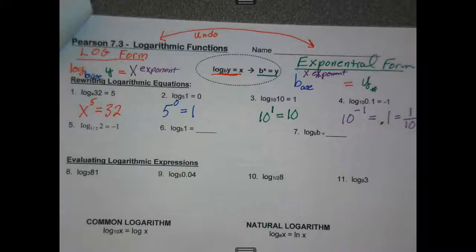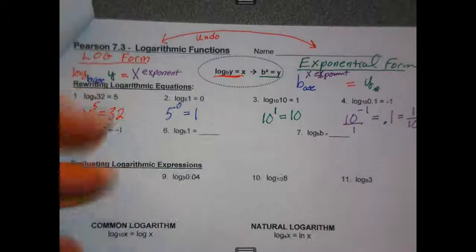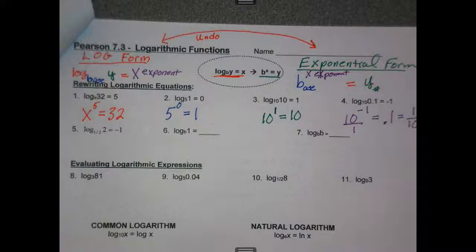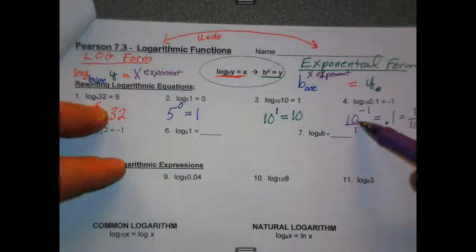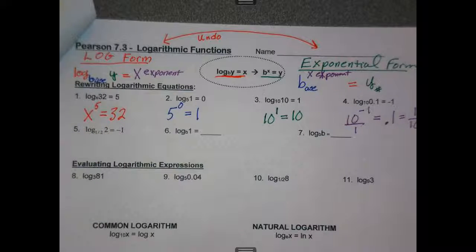Yes, it is, because we have a negative exponent there. Remember, it's over 1. What do we do to get rid of negative exponents? We flip the fraction and make it positive. So, yes, 10 to the -1 is 1/10. It's going to be important in about 3 minutes.